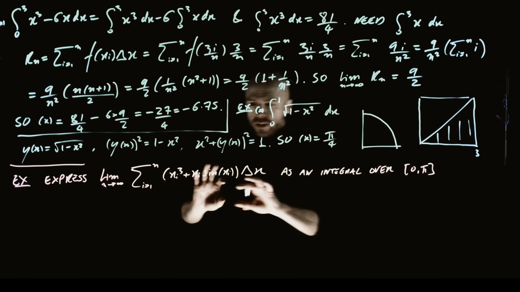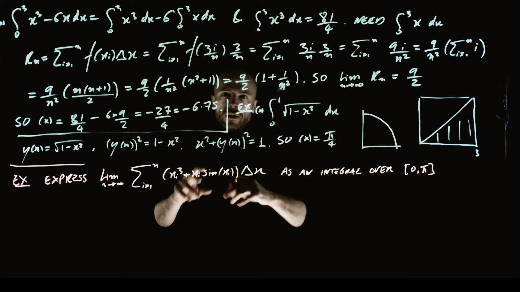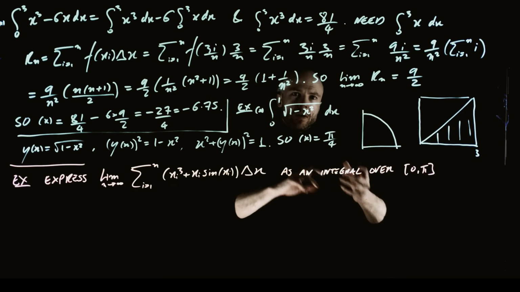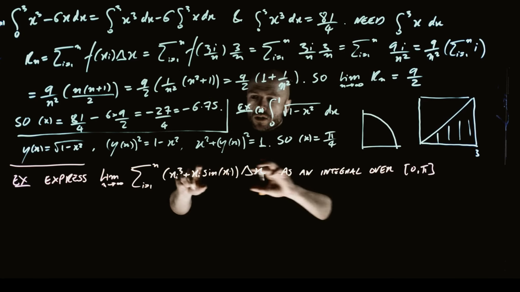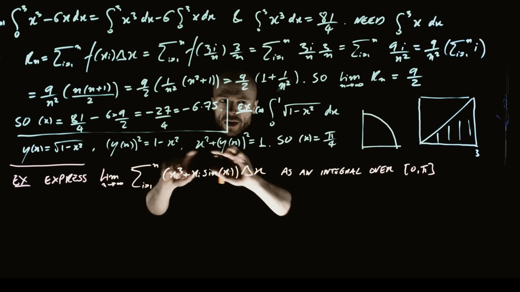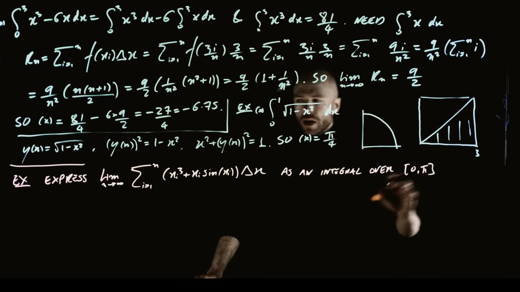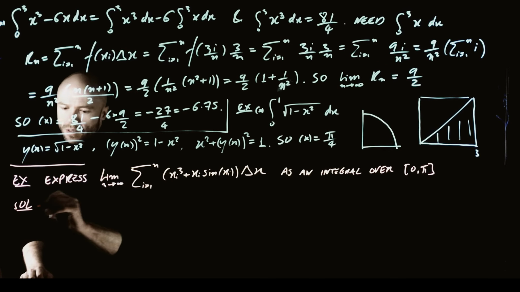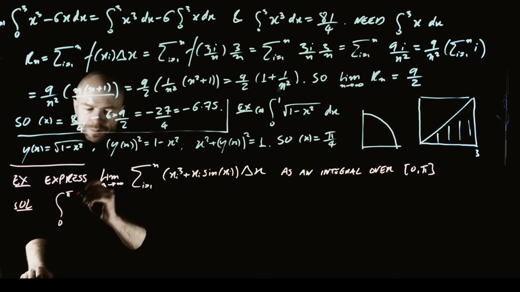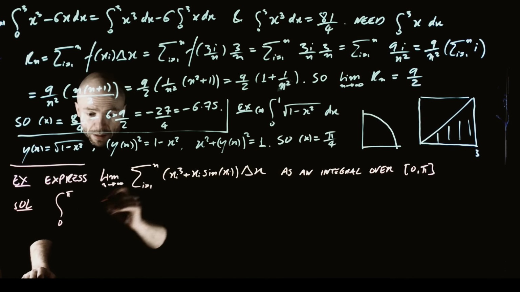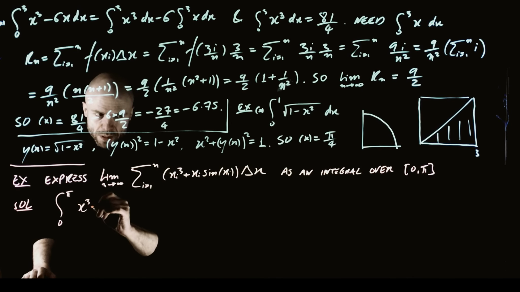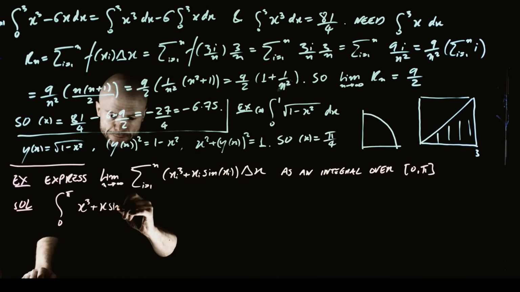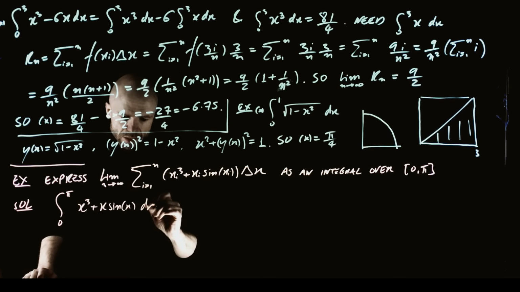So this can only be the Riemann sum of a function where the height is defined by this. And since it's from 0 to pi, this has to be the integral from 0 to pi of x to the 3 plus x sine of x dx.